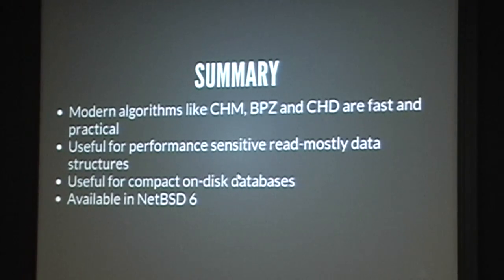So let's summarize it. Modern algorithms are quite fast and practical. They can be used for performance-sensitive read-mostly data. They are also useful for on-disk databases, and you can use them now in NetBSD 6. Questions?